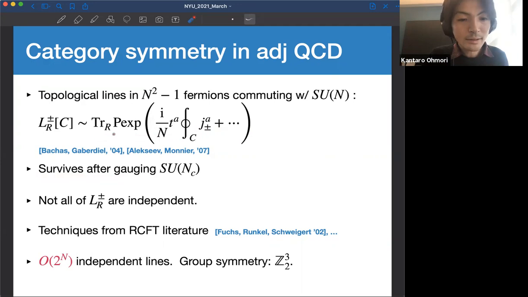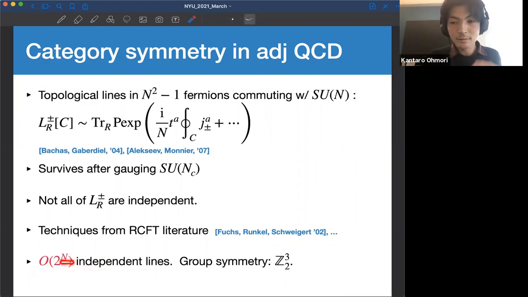Okay, and so this line operator exists for any representation R of SU(N), but not all of them are independent, and different representations can be related with each other. So to list all of the independent lines, we did use some techniques coming from the RCFT literature, and we found that there are actually exponentially many independent lines.